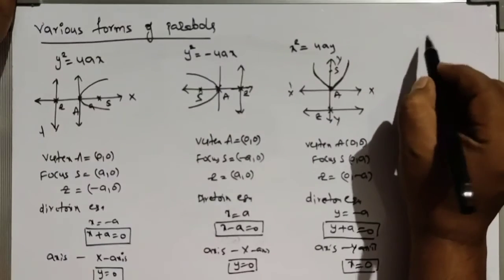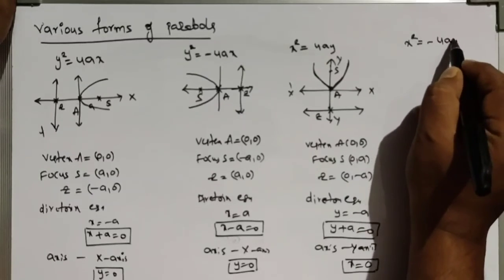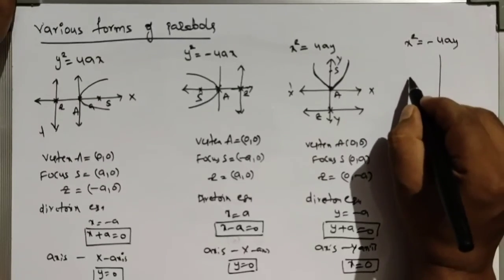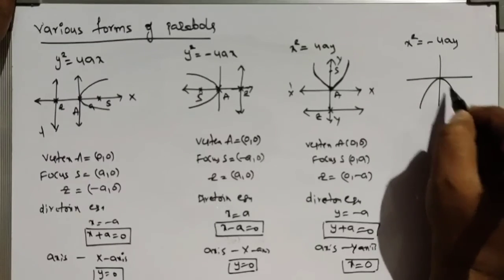Next, as you see, x square is equal to minus 4ay. Here we have the minus of y, so therefore the curve is in the part of the negative of the y-axis.